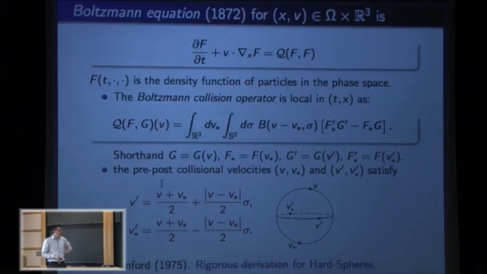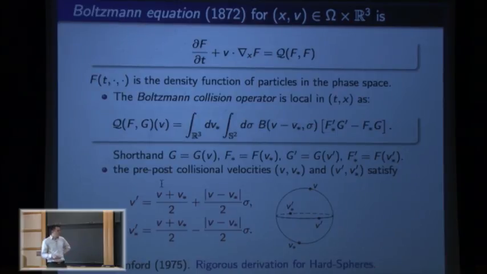Okay, it's already been mentioned, but I'd like to mention the Lanford result, which rigorously derives the Boltzmann equation for hard spheres from classical Newtonian mechanics on a very, very short time interval. I like to think of it as a highlight of the field of deriving partial differential equations from classical mechanics.